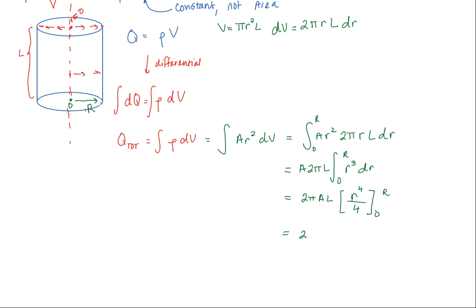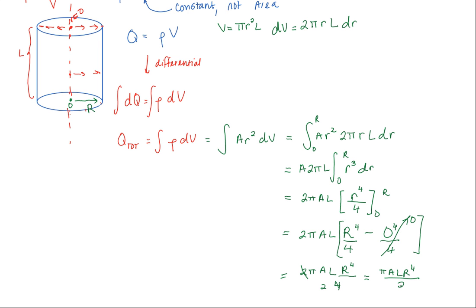So I'll have 2 pi A times L times big R to the fourth over 4 minus 0 to the fourth over 4, which I just said I wasn't going to do. I did anyway. Once I factor back in all of this, I have 2 pi A times L times R to the fourth over 4. Then I can simplify that down a little bit more, so I end up with pi A L R to the fourth over 2.